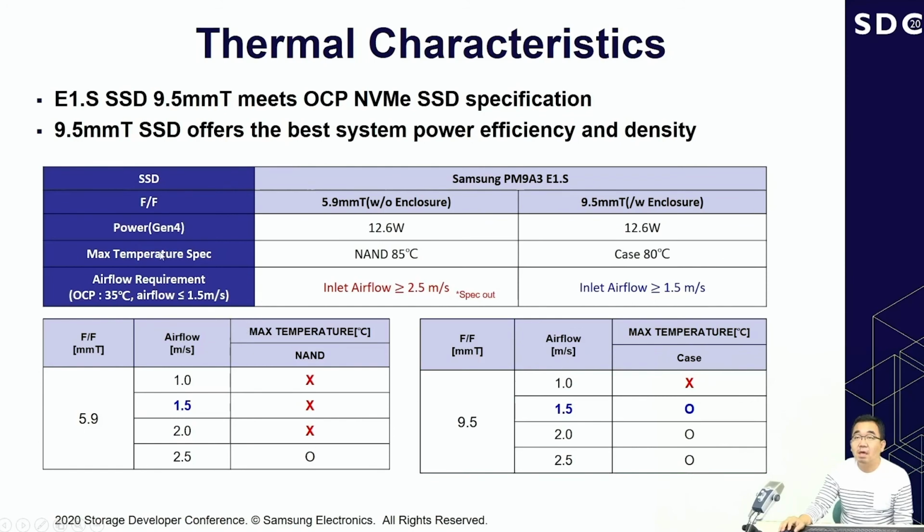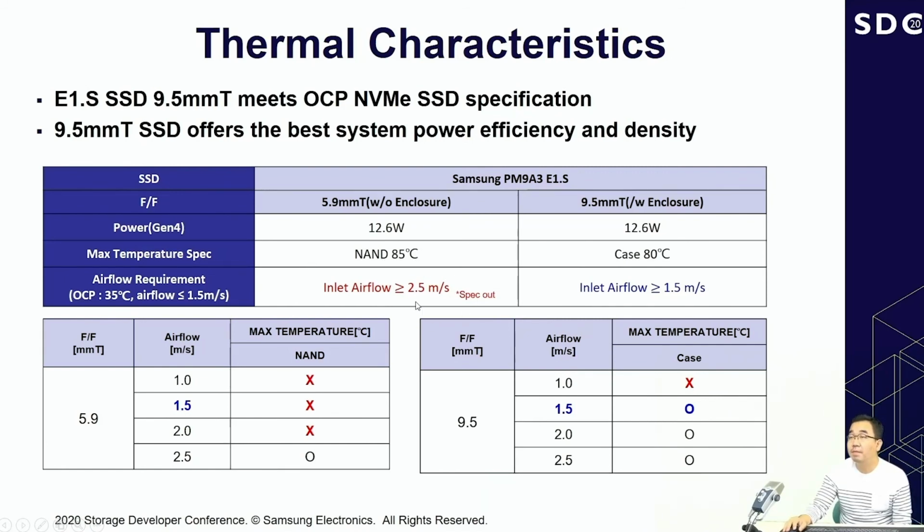If you look at the airflow requirement of the OCP spec, the system airflow should be less than 1.5 meter/sec at 35 degrees C ambient temperature. It turned out that the 5.9 millimeter SSD couldn't satisfy the requirement.